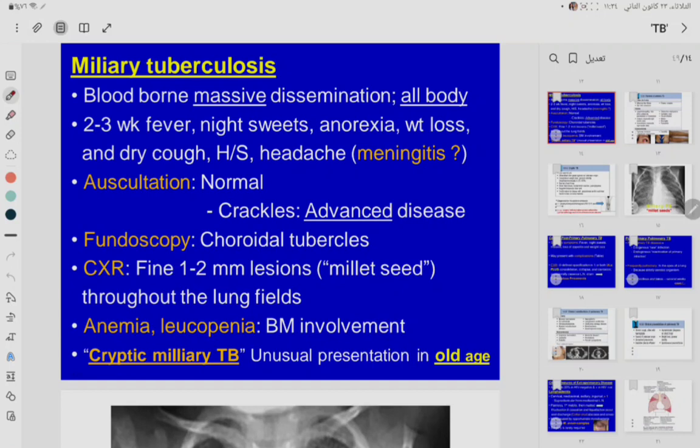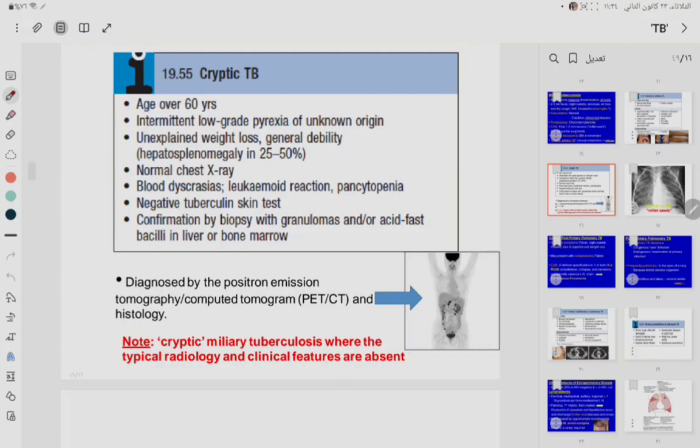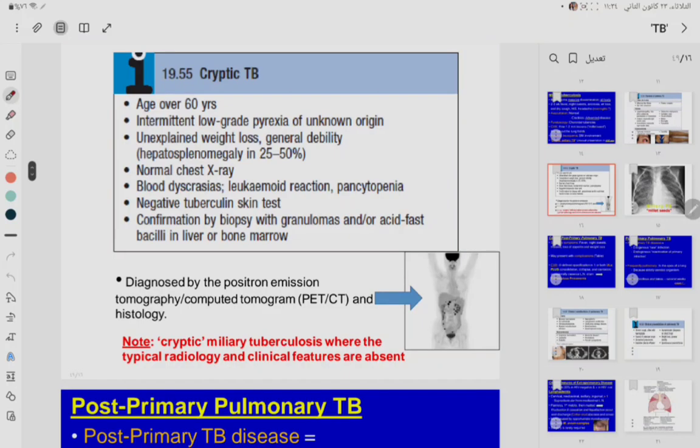Cryptic miliary TB, which means unusual presentation in old age, more than 60. It's supposed that after 60 you should not see that, but sometimes it's seen. Low grade pyrexia should be considered, sometimes with fever of unknown origin.